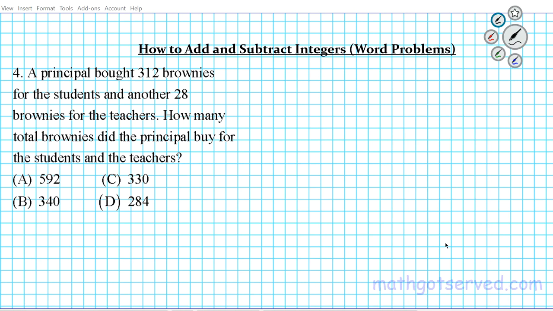All right, so let's go over the formula for scenarios like this, where you have two parts and you're asked to find what the parts are together. So the formula is as follows. Total of the parts, in this particular case we have two parts, total of part 1 and part 2.